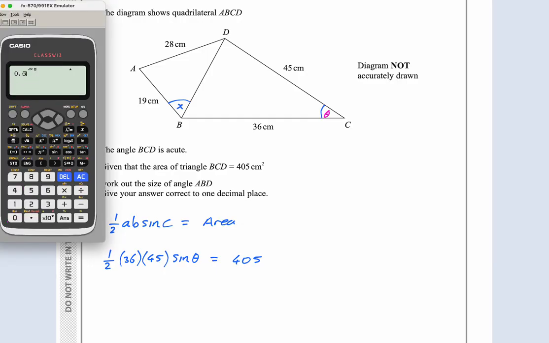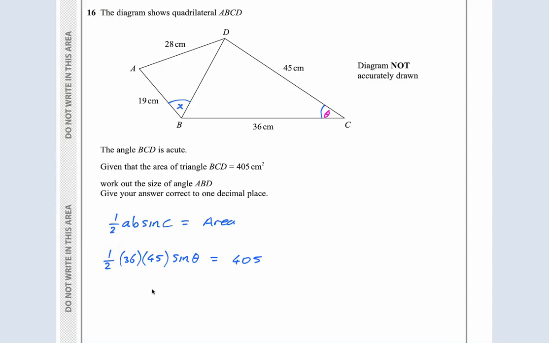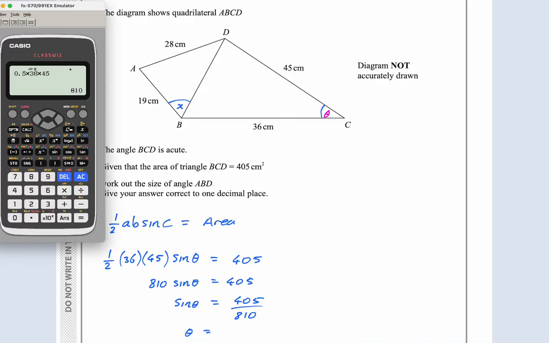Okay, now let's do the half times 36 times 45. So it's 0.5 times 36 times 45, which is 810. So this is 810 sine theta equals 405. Sine theta equals 405 over 810, which means theta is the inverse sine of that.